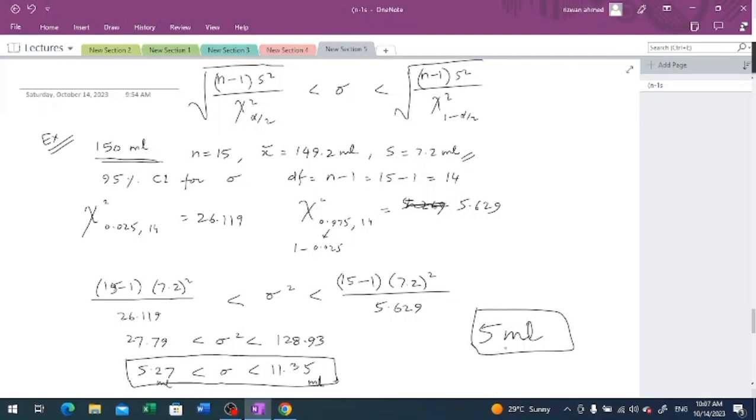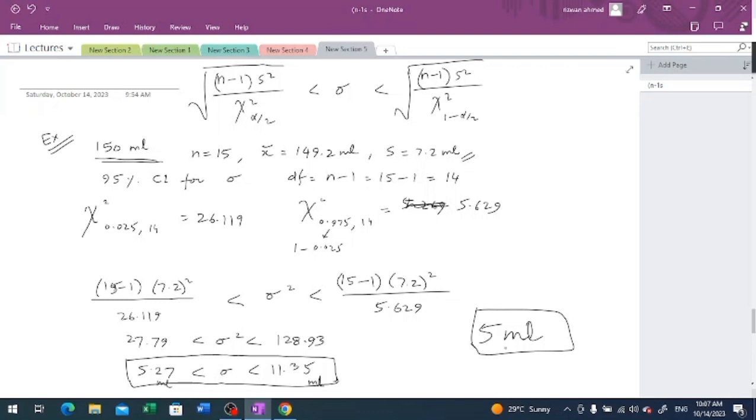So we can apply the same rule over there. We can collect samples from the population, let's suppose 20 or 10 or 15. The greater the sample, the greater the reliability of your findings.